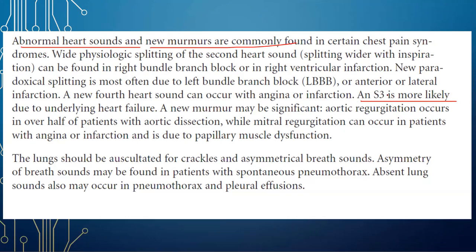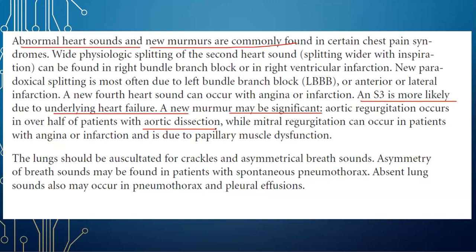If you get S3 gallop rhythm, most of the time you should think there could be an underlying heart failure. If you get a new murmur, like aortic regurgitation, it occurs in over half of the patients with aortic dissection. So a patient having chest pain, which is central and radiating to the back, and you get a murmur of aortic regurgitation, you should think about aortic dissection.